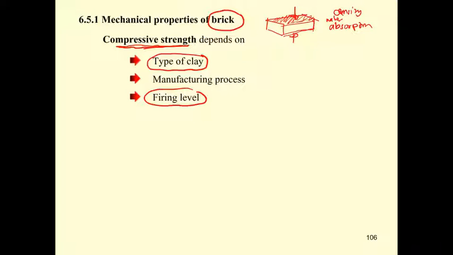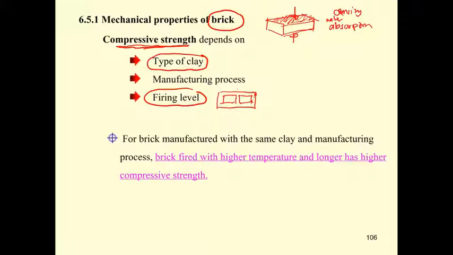So with a good clay, a good manufacturing process, and a good firing level, the clay will change status, changing to something like a stone. And sometimes you also need to put holes into the brick to let the burning be more complete than with a solid brick. That's important.